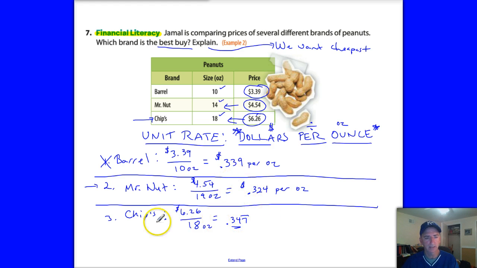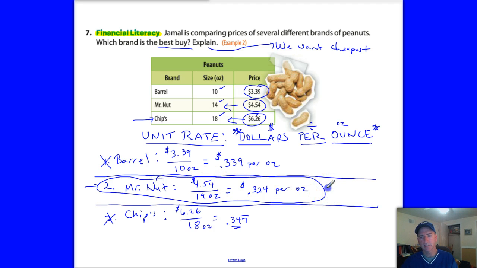That's actually the worst deal in this case, so that's not it either. So my best deal is number 2. Mr. Nut is the best deal because you're paying the least money, least dollars per ounce.